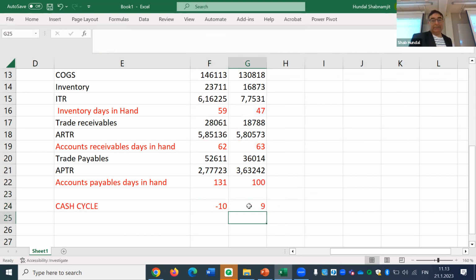Now 9 days means in the year 2020, on 21st January, BP must ensure that it has enough cash resources until 30th of January. And then we check the same thing on 22nd of January, that BP has enough money for 31st of January.